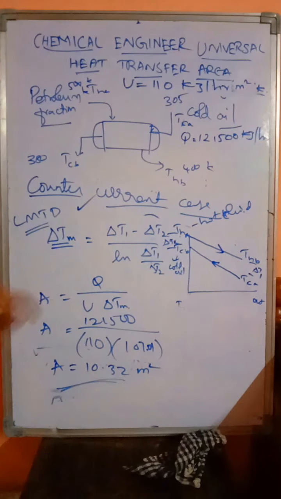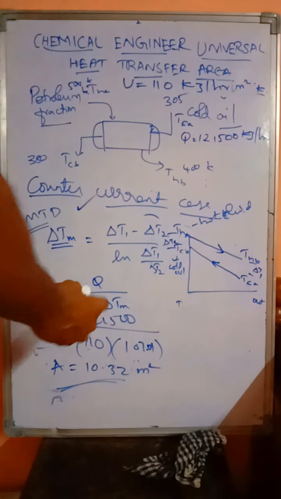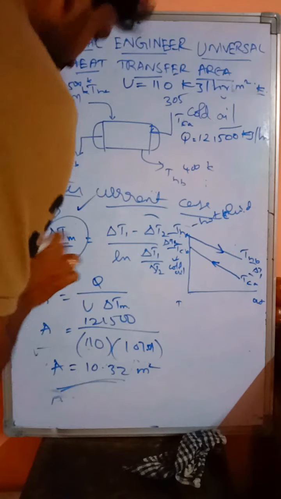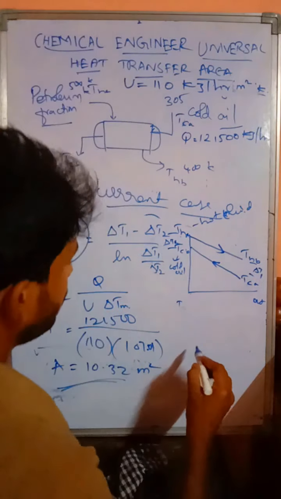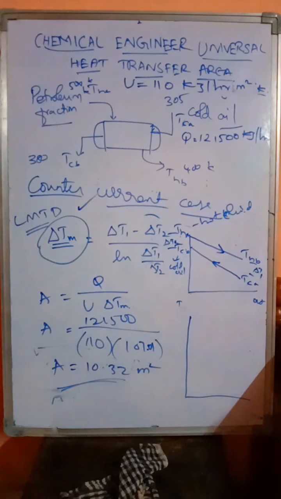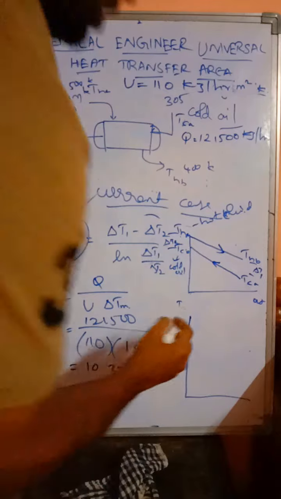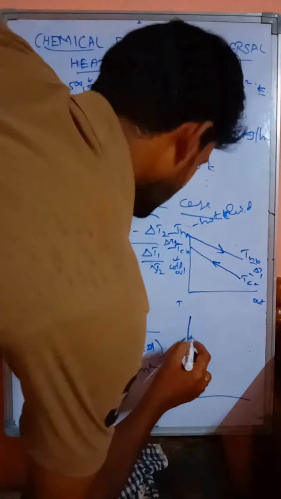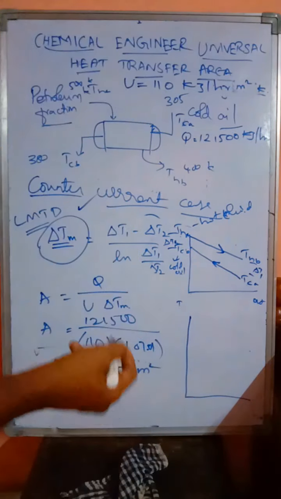Likewise, you can find out the same thing for parallel flow also, right? The only thing that changes here is delta Tm, because for the parallel flow, all the flows will be in the same direction.